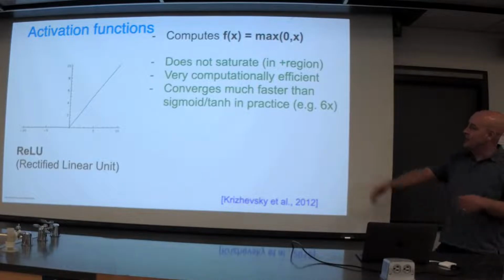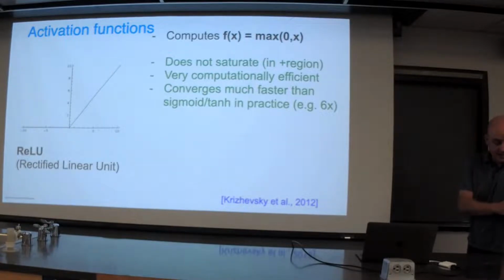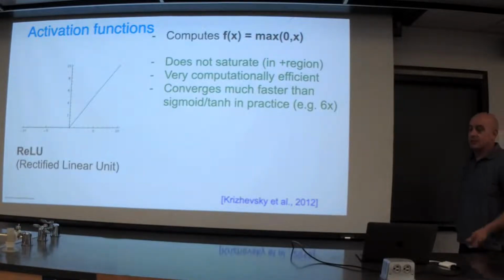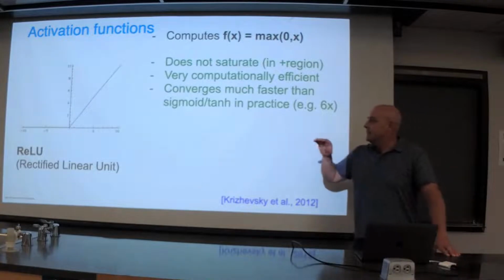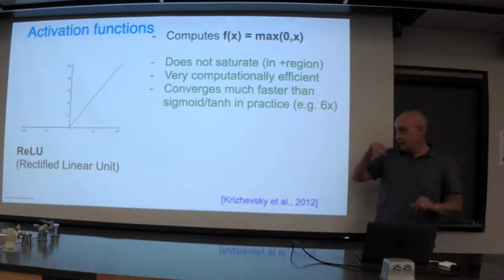What's good about this? Well, let's talk through this now that we talked about some of what was wrong with sigmoid and tanh. At least in the positive region, it doesn't saturate.